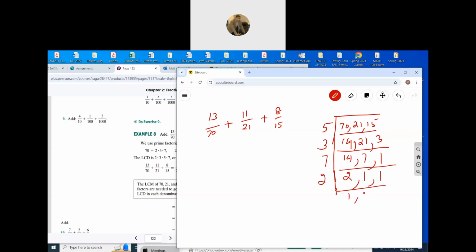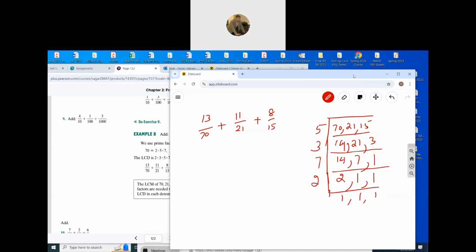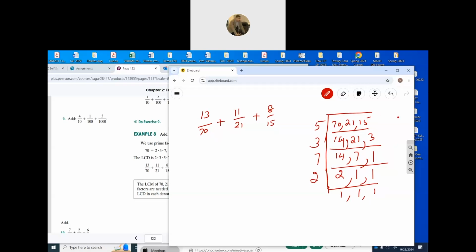We hit the base 1, 1, 1. Okay, so you multiply these numbers. 15 times 2 is 30, times 2 is 60, and 60 times 3.5... 210. Yeah, maybe 210. Yeah, we are right. Okay, 210. Very good. So LCD is 210.